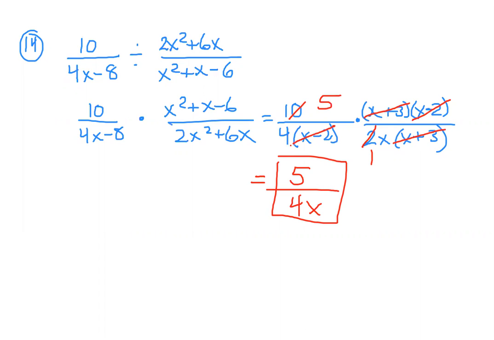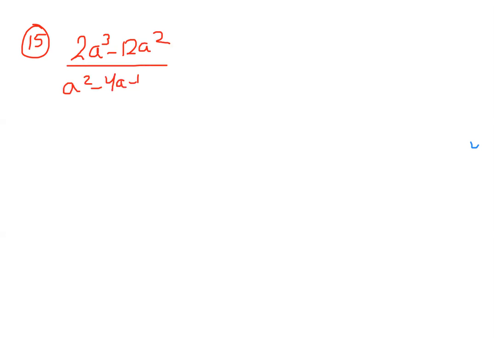Okay, 2 more. Number 15. 2a cubed minus 12a squared over a squared minus 4a minus 12 times 24a squared minus 8a cubed, divided by a squared minus 8a plus 15.